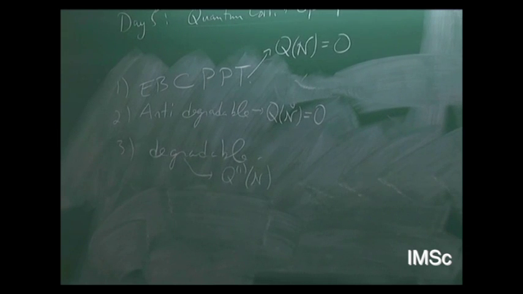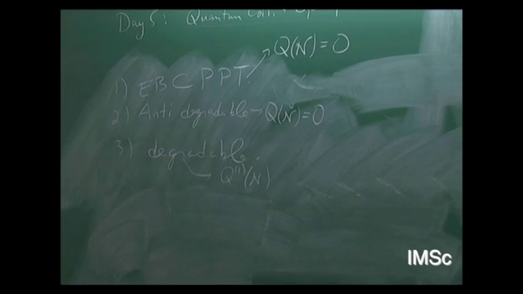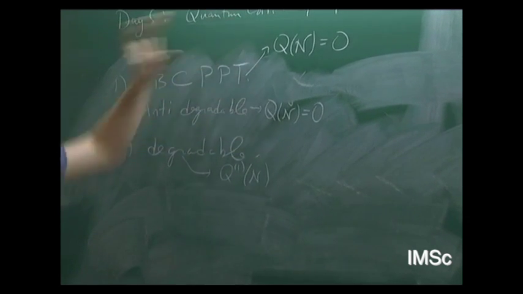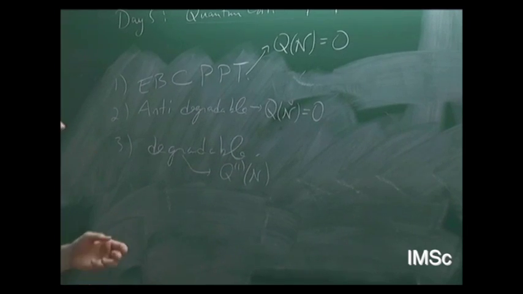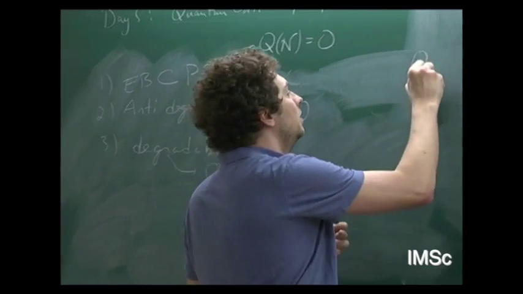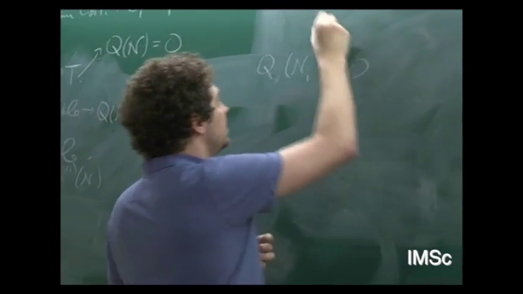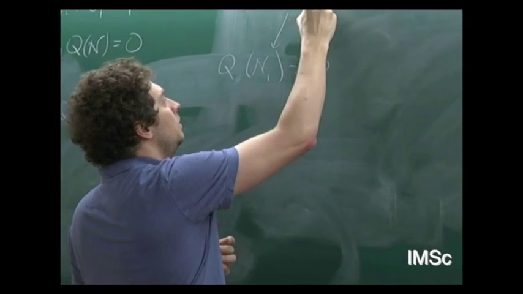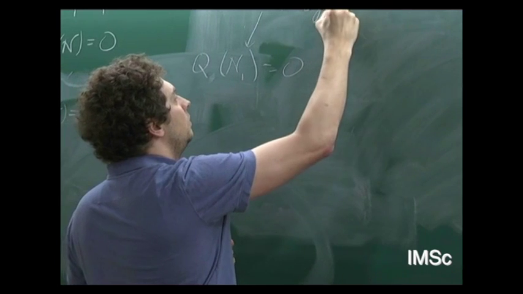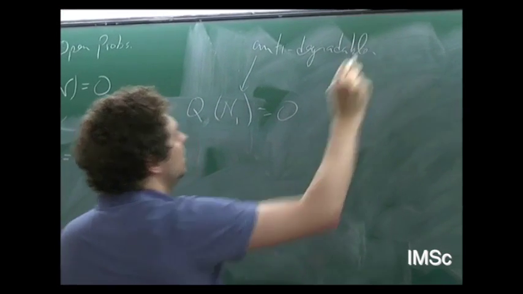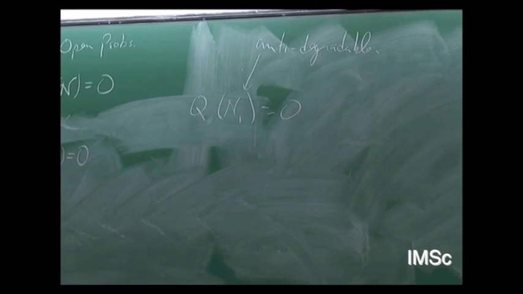So one of the things that is kind of fun is you can find examples of channels that have zero quantum capacities. So I can find Q of N1 equal to 0 because it's antidegradable. Antidegradable is just a slightly more general notion than the symmetric channel thing we discussed yesterday.